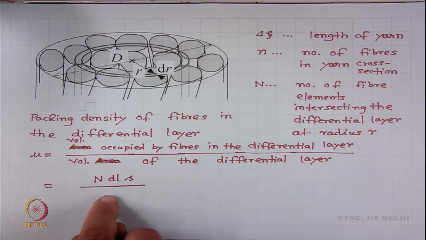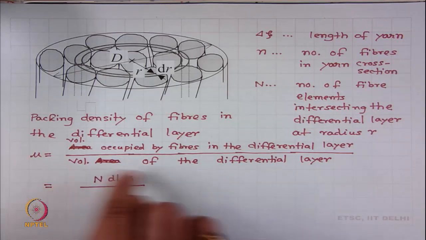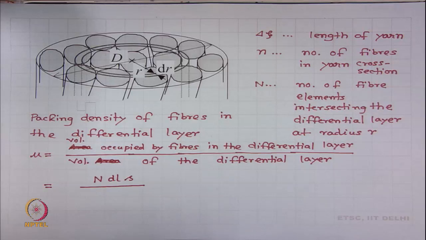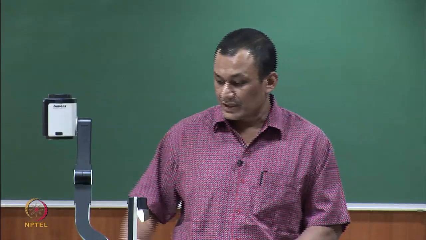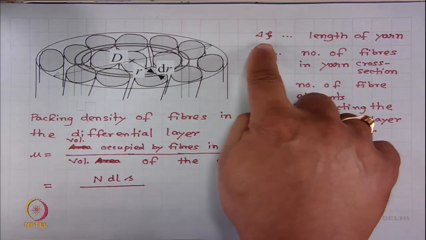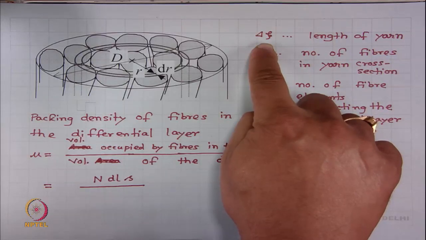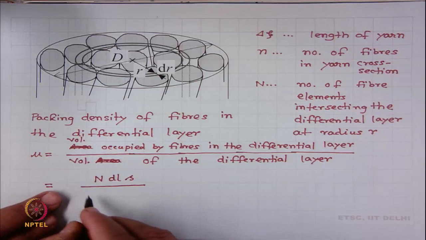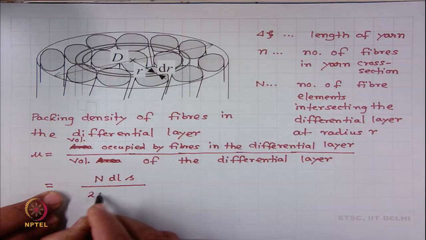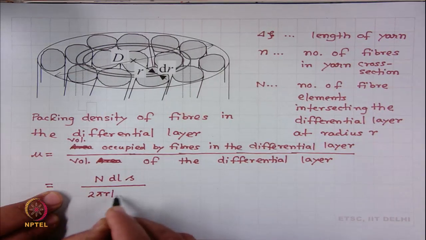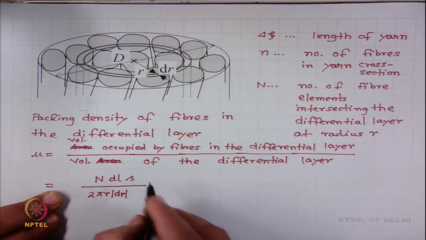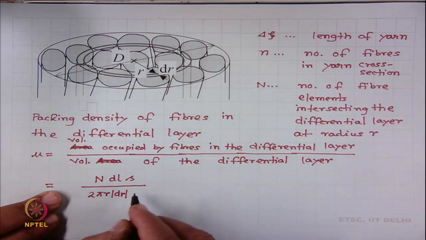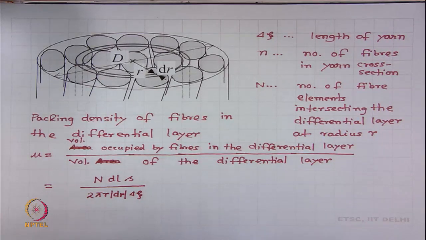Now, we will come to the denominator, volume of the differential layer. So, area of the differential layer multiplied by length. What is the length? Length is given, and what is the area? 2 pi r dr. So, 2 pi r, let us write in terms of absolute value, dr into length. So, this is the volume of the differential layer.